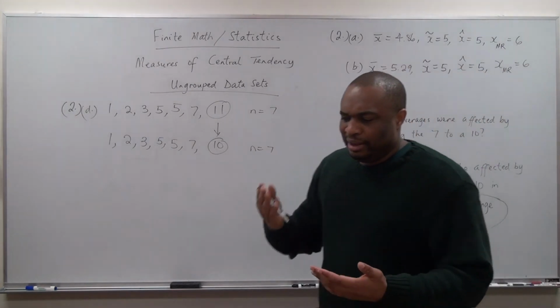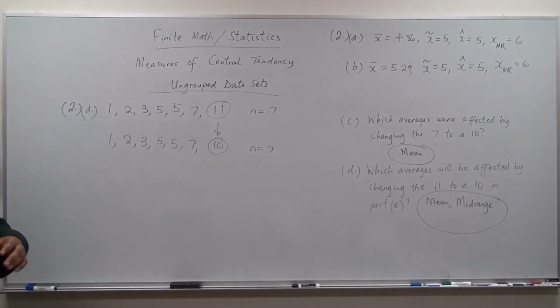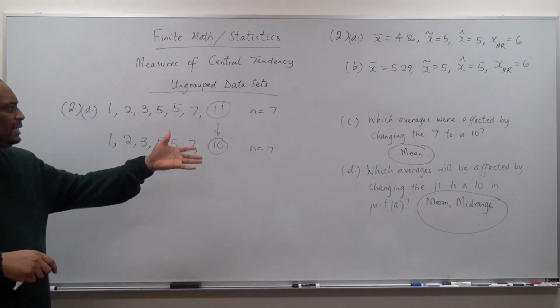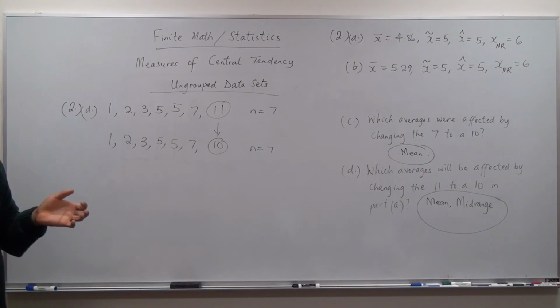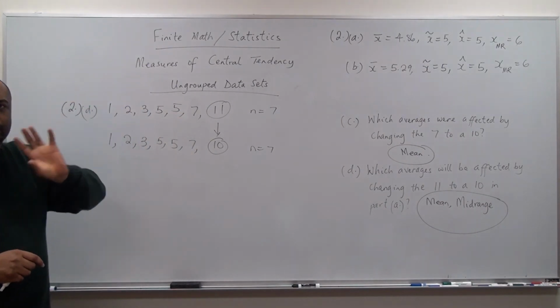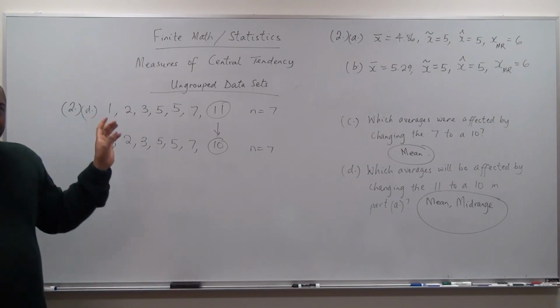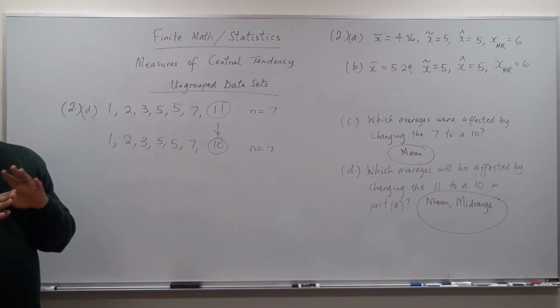So we will do question 3 in the next video, and in another video we will talk about when to use the mean, when to use the median, when to use the mode, and when to use the mid-range. But if you notice from this example, you will already see when to use the mean. If you have any change in the value, any small change, any big change, it automatically affects the mean.